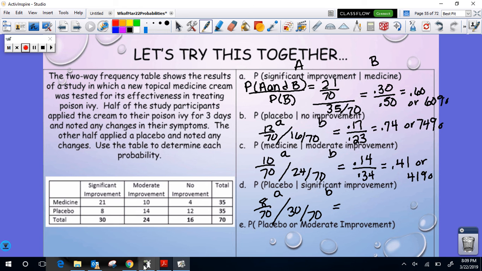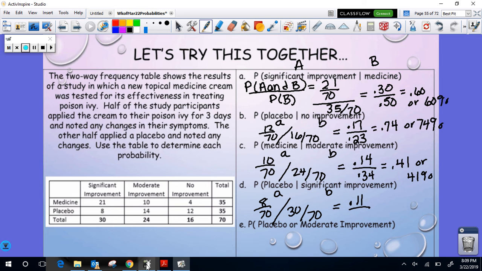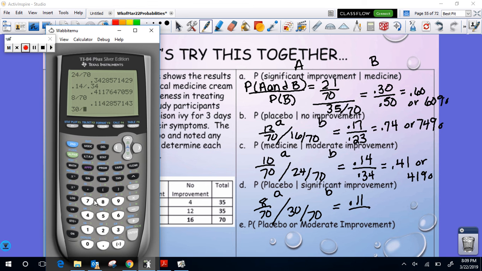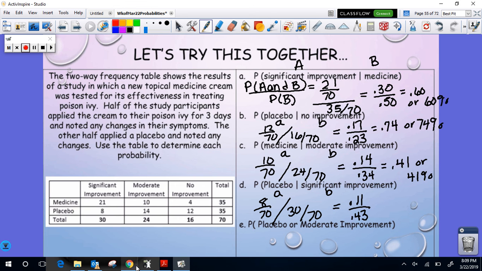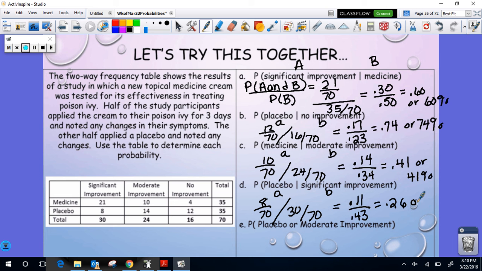So I'm going to do the numerator: 8 divided by 70 is 0.11, divided by 30 divided by 70, which equals 0.43. So you get 0.11 divided by 0.43 equals 0.26 or 26%.